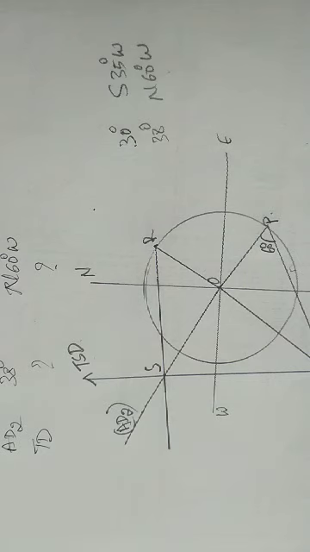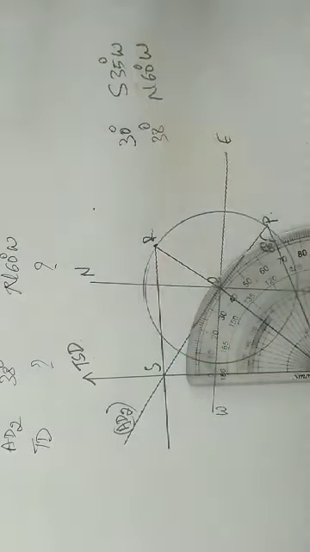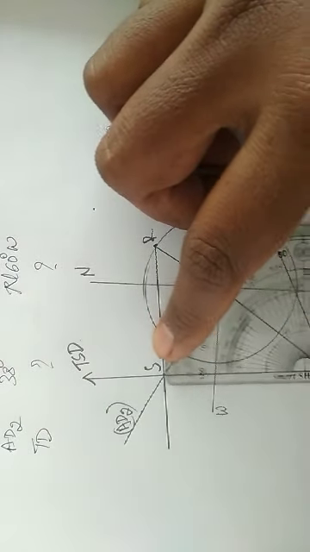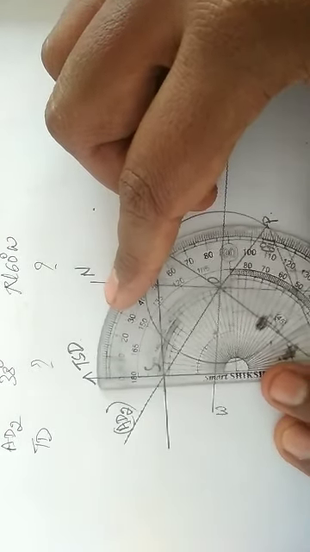Now they have asked us to find out the true dip direction as well as the amount. As we all know, the true dip will always be perpendicular to the strike line. Now we need to draw a perpendicular to this strike line. For that, place the protractor on this line and move it in such a way that the 90 degree angle passes through the center of the circle.